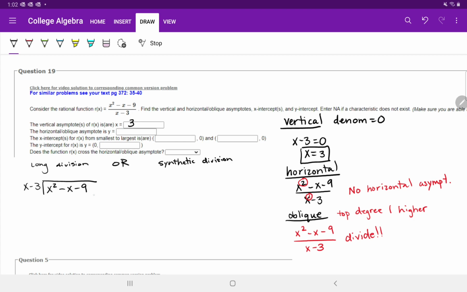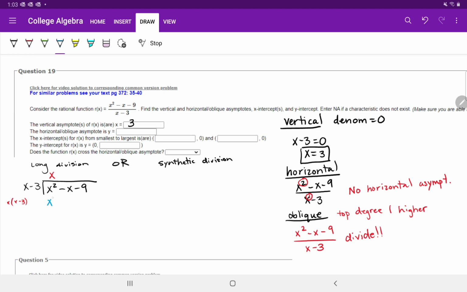So x squared minus x minus 9 divided by x minus 3. Now we have to figure out, what do we multiply by x to turn it into an x squared? The answer is just x. Now we take that x and we multiply it by the divisor, x minus 3, and that result goes on our next line.